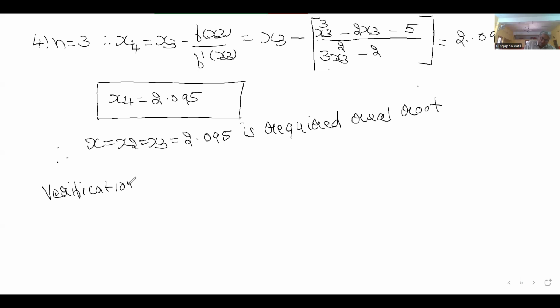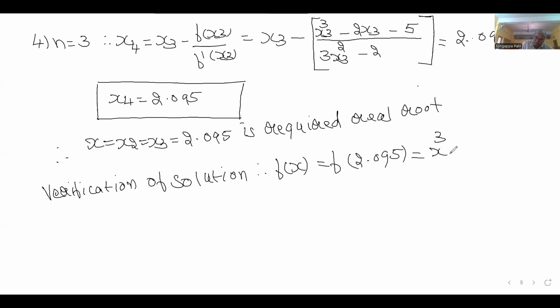Now, look here, verification of the solution. Therefore, f of x equal to f of 2.095, which is equal to x cube minus 2x minus 5.